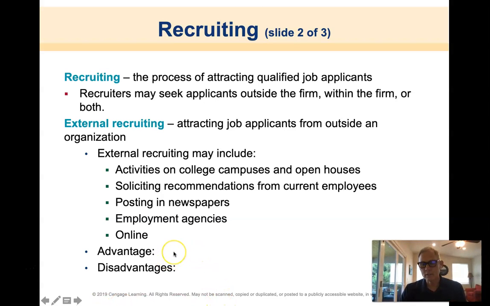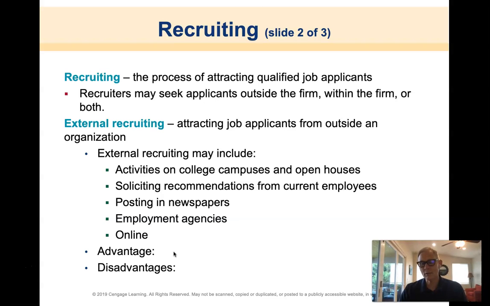The advantage of finding somebody externally is, again, you bring in new talent. You bring in people with a different understanding of the company, and so they may have a bigger perspective, or they may have a skill the company needs that they don't currently have, so you can bring in people with a different skill set.